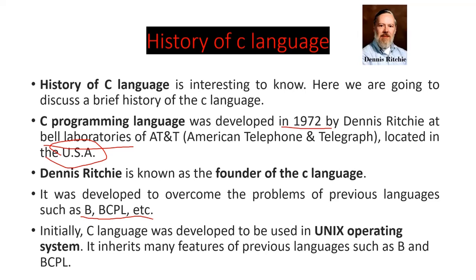Initially, C language was developed to be used in the Unix operating system. It inherits many features of previous languages such as B and BCPL. B and BCPL are also programming languages. To overcome those previous languages, Dennis Ritchie developed C language. So this is the brief history of C language, so you can understand clearly.